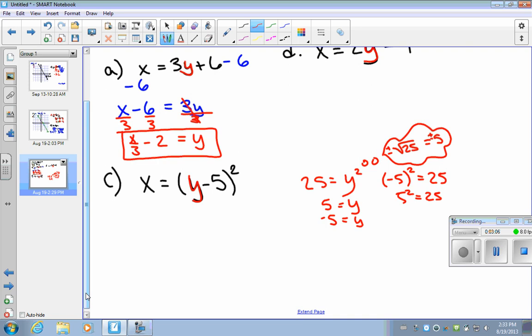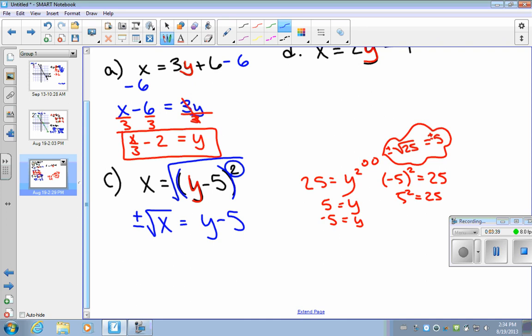So in this case, I'm going to do the same thing, only now I have this whole quantity in parentheses here. I'm going to do the same thing as far as getting rid of that squared symbol. What I'm going to have to do is take positive or negative the square root of both sides. So I'll take positive or negative square root of x, and when I take the square root of this side, I'm just left with y minus 5, because the square root of anything squared is itself.